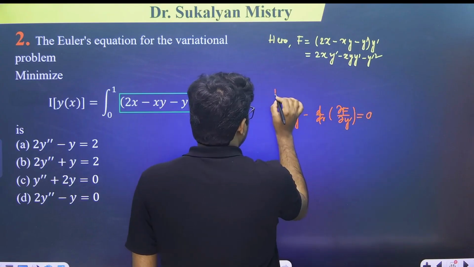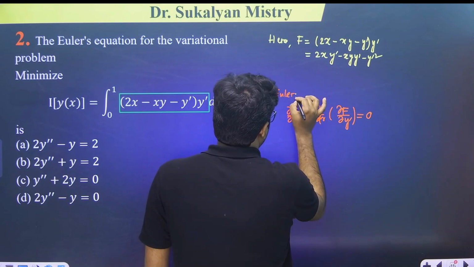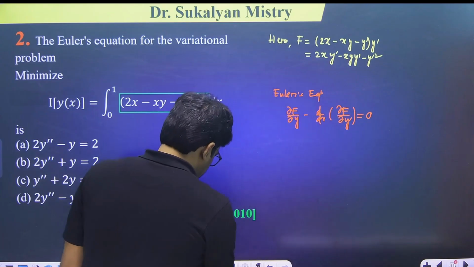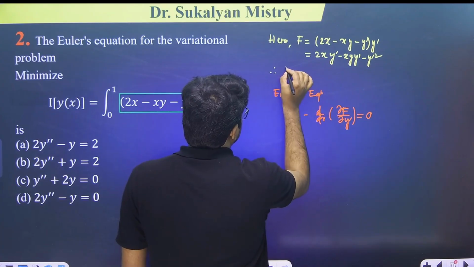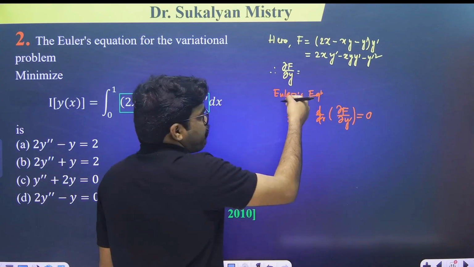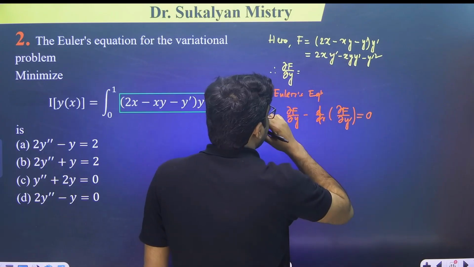So this is the Euler's equation. So this implies, what is del f/del y? Therefore del f/del y is differentiation with respect to y partially.